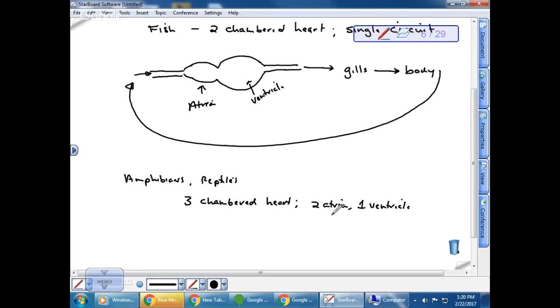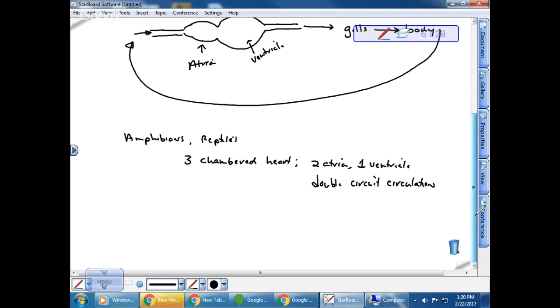And they have a double circuit circulation. So it's two circuits. So I'm not gonna draw the heart. I'll show you in a picture. You have one in your book.